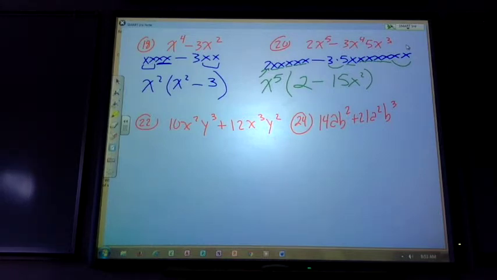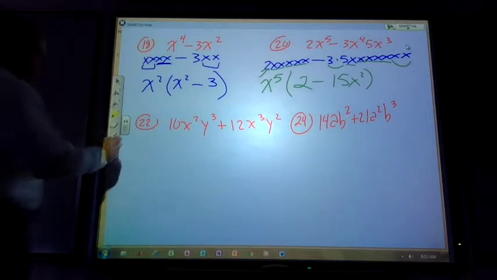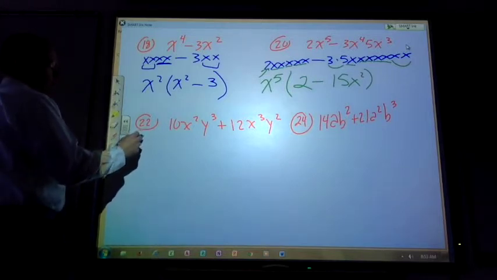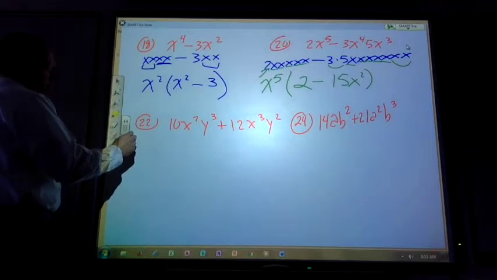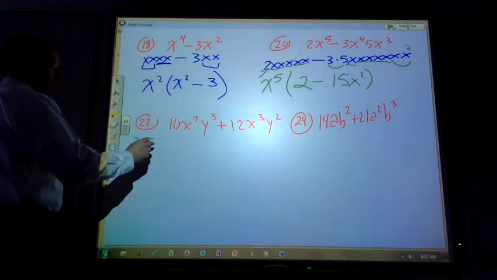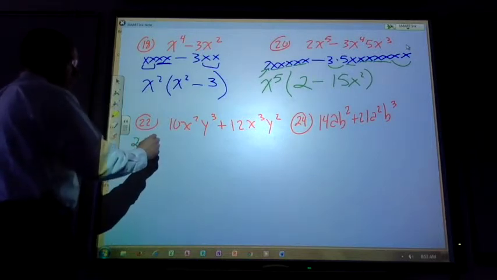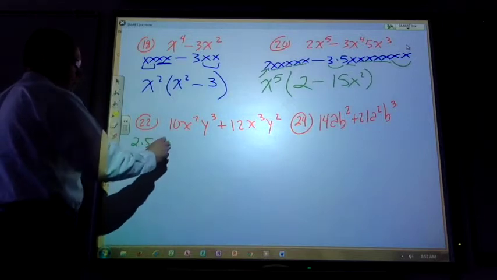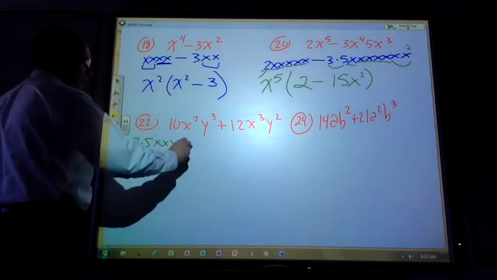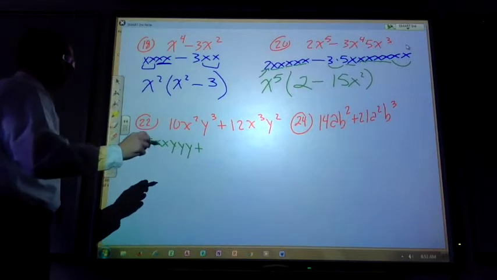Reese, let's break number 22 down. So 10 breaks down to what? 2 times 5. Cool, like it. Break x squared down. X, x, and then 3 y's. So y, y, and y. Plus, break 12 down.